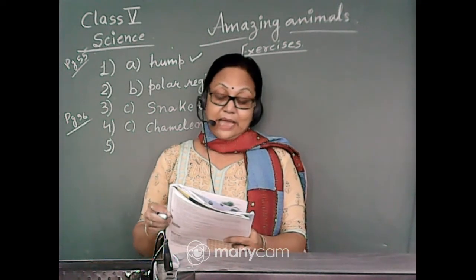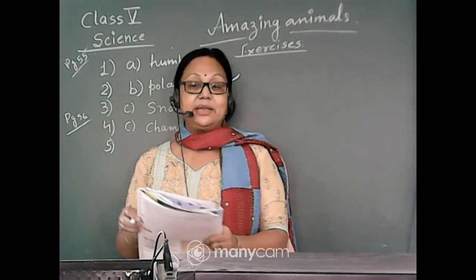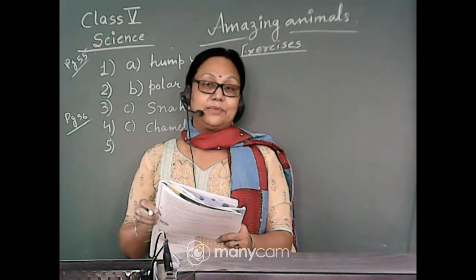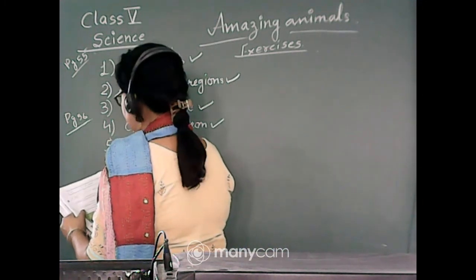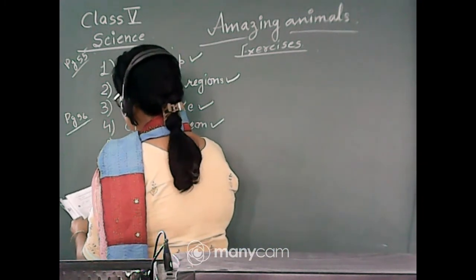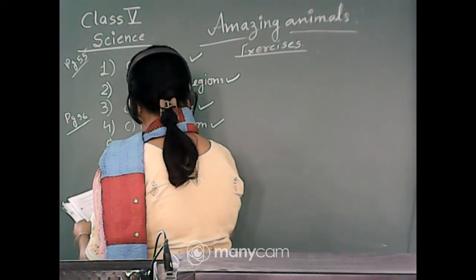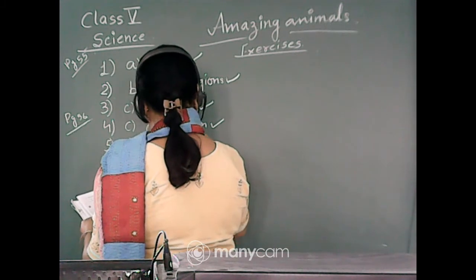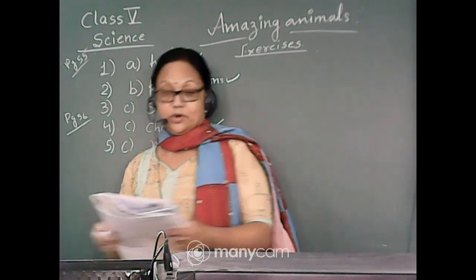We know habitat, adaptation, and migration. So the correct option is C, migration. For the fifth one, again the C option, migration, is correct.